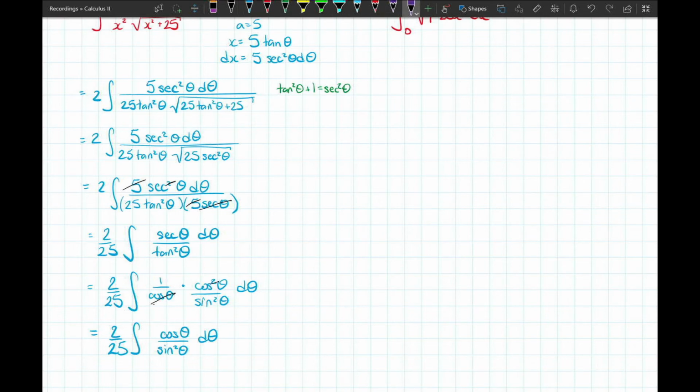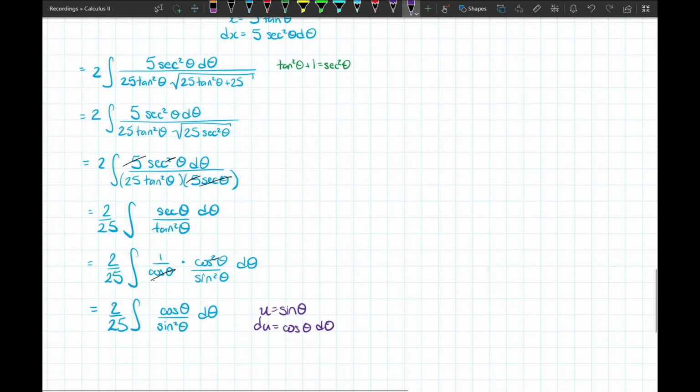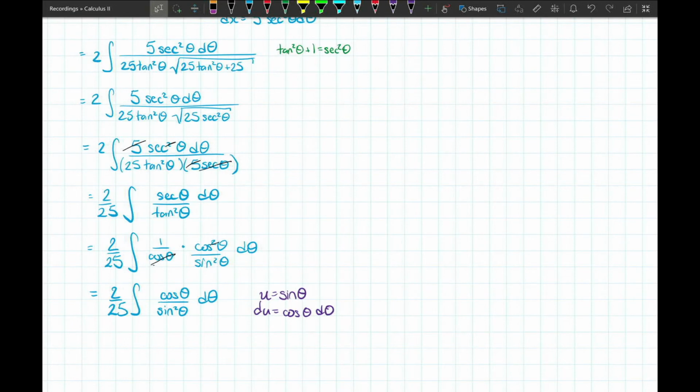Because we've gotten sines and cosines, you see that if we just let u equal sine theta, we'll end up with 1 over u squared, and du will be cosine theta d theta, which is the numerator of our integral. So this simply turns into 1 over u squared. We could find the antiderivative of 1 over u squared by just using the power rule.